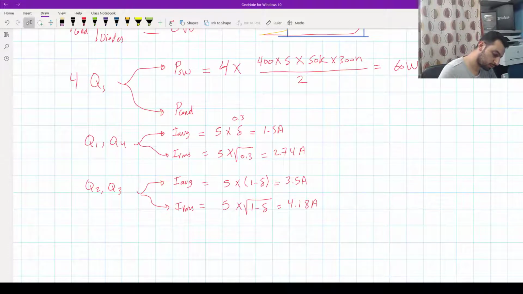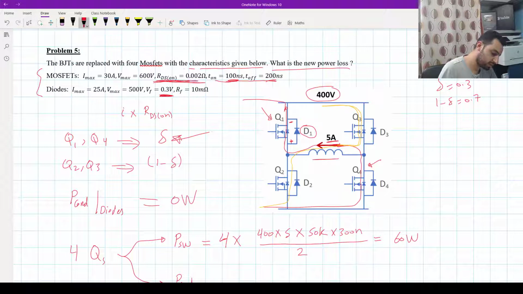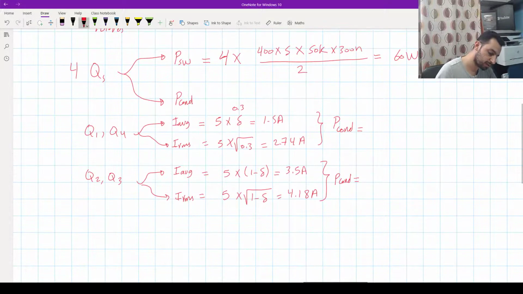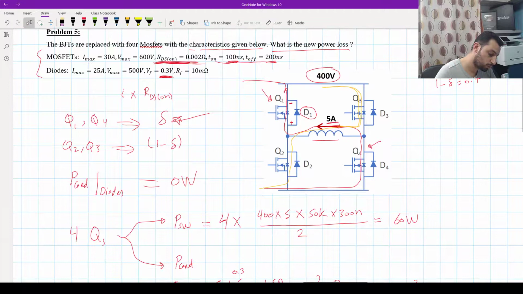So what are the conduction losses for this set and for this set? The conduction losses are RDS on times the RMS value squared. So we have RDS on times I RMS squared, and the same for this one. I think the RDS on is 0.002 ohm.